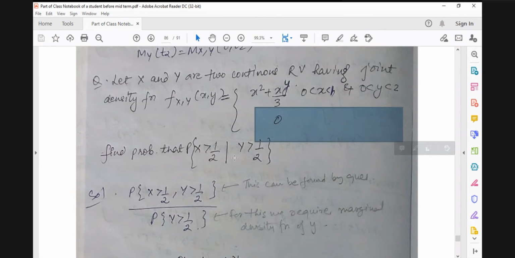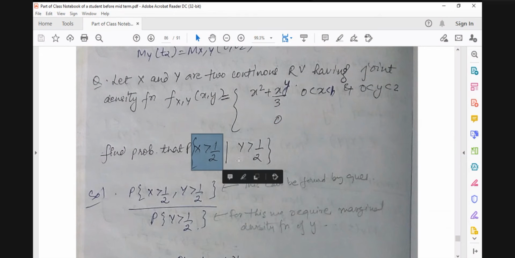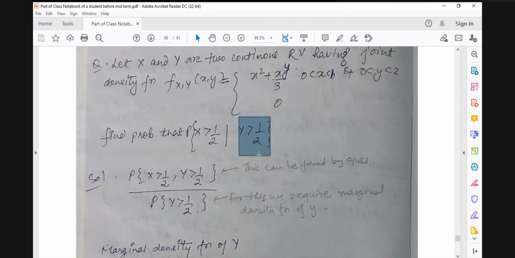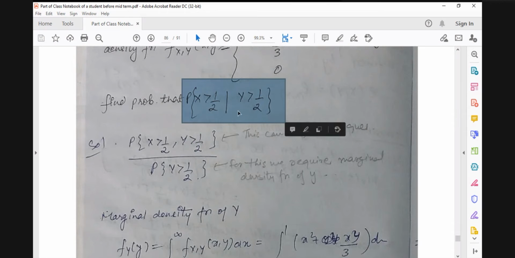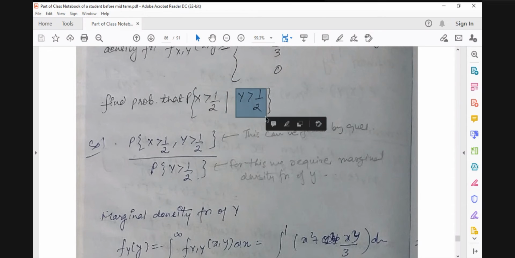So here you have to calculate the probability of X greater than 1 by 2, given that Y is greater than 1 by 2. So you have to calculate this conditional probability, that the random variable X takes a value greater than 1 by 2, and it is already given that Y is greater than 1 by 2. So we will use the definition of conditional probability, because we know that this is an event, this is also an event.